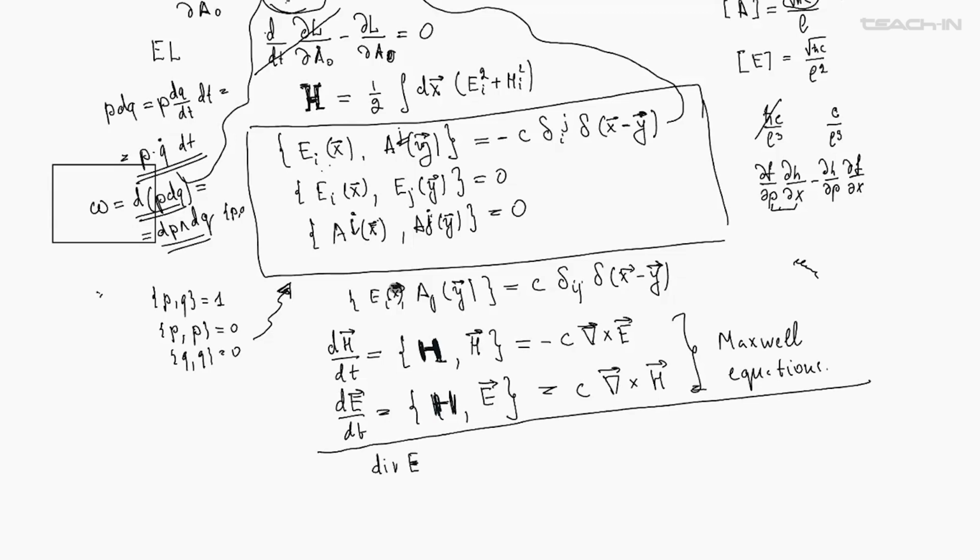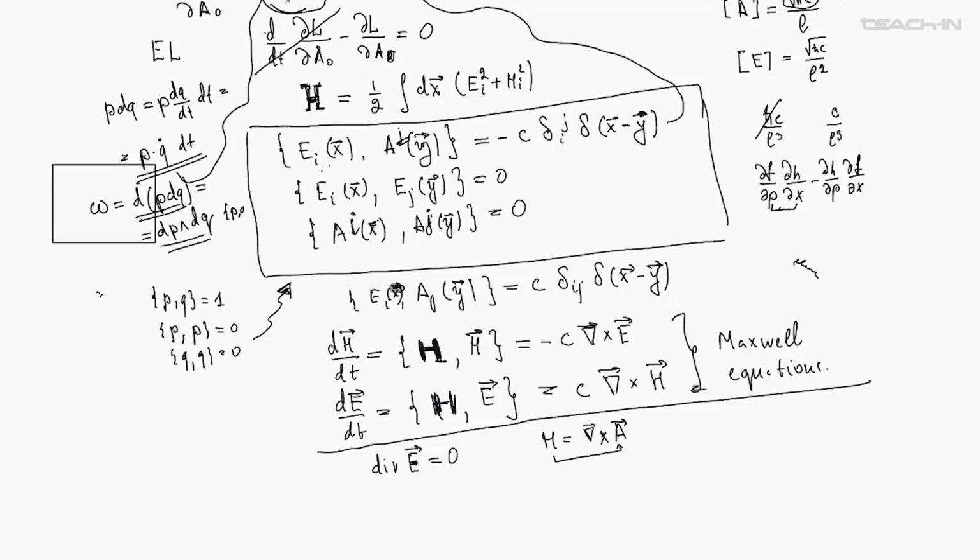And there is one more equation which tells that H is curl of A, but this is implied by the construction. It is a relation between the magnetic field and the vector potential, built from the very beginning into this formalism.